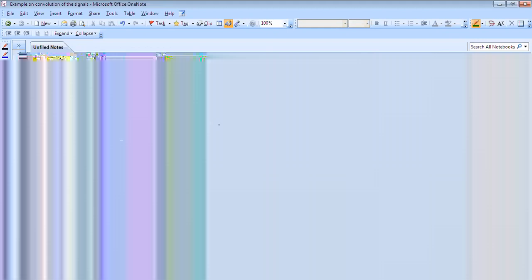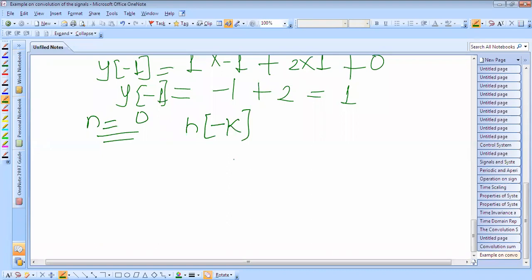Now n is 0, so it is h of minus k. h of minus k means we have the given response h of k, and we have found h of minus k. The same response will occur here. That means there is no shifting of the impulse response toward the left or right, because n is equal to 0.